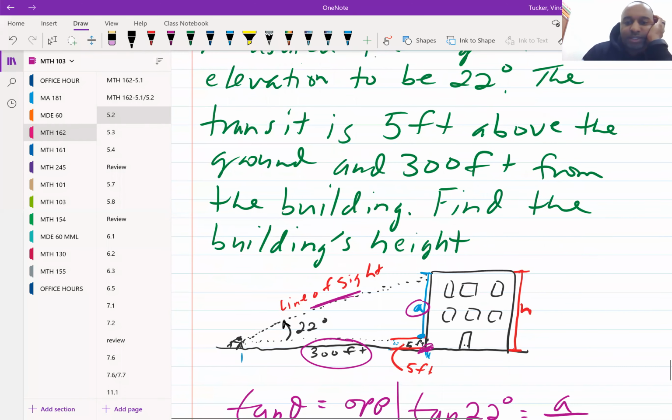That's what I tried to simulate right here: his machinery that you use to view everything is standing 5 feet above the ground. That's my little guy right here, and his transit. And it's 300 feet away from the building. And so that's your line of sight, trying to remove all my scratch work.